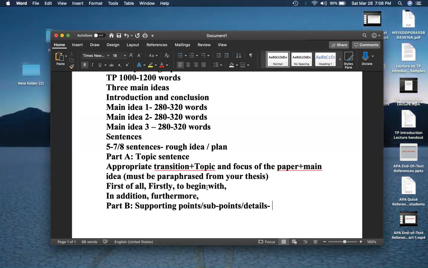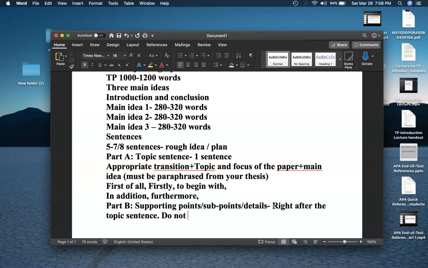Look at what I'm telling you. The first sentence of the body paragraph is the topic sentence, only one sentence, three elements. Second, right after the topic sentence, you write your subpoint or detail.